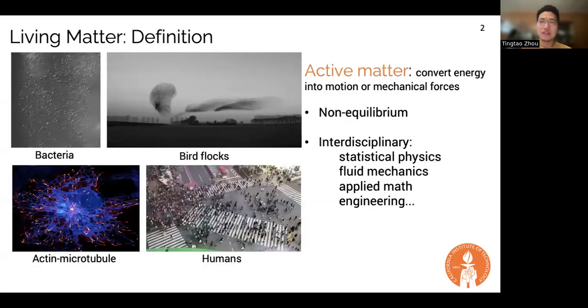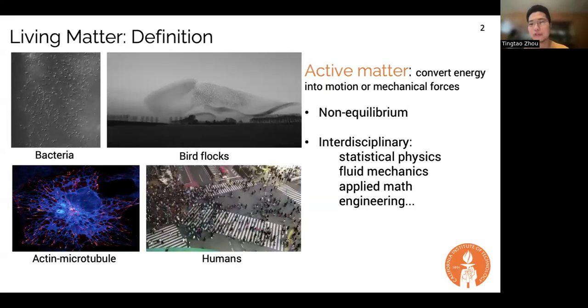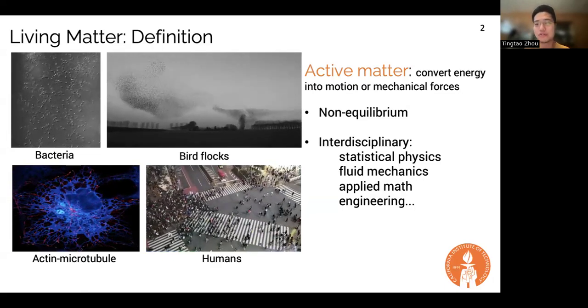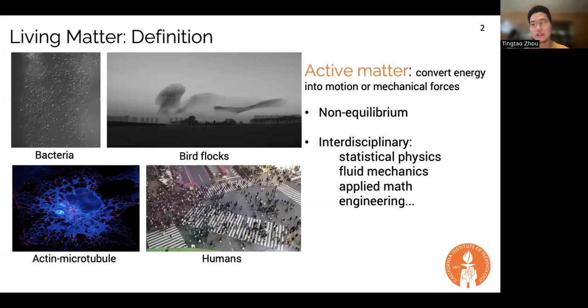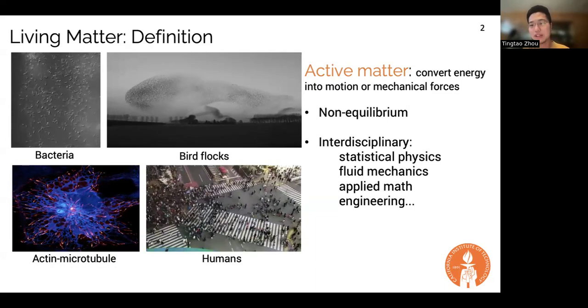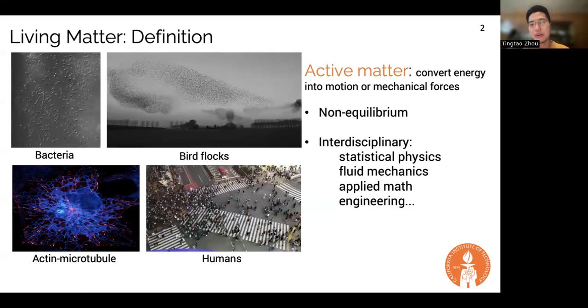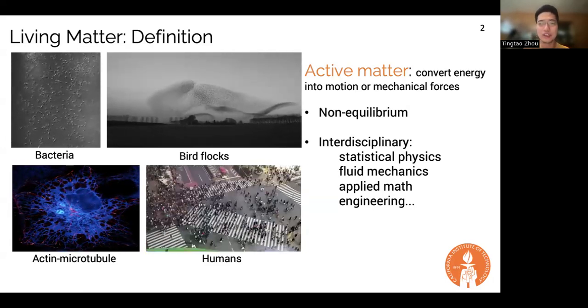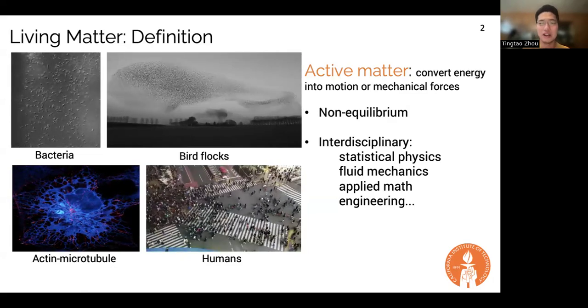and that means we need to have new frameworks in statistical physics to understand these systems, and it happens to be a very interdisciplinary field so far. Basically, a lot of researchers from the background of statistical physics, fluid mechanics, applied mathematics, and chemical or mechanical engineering, they all have their own reasons to get interested in these problems.